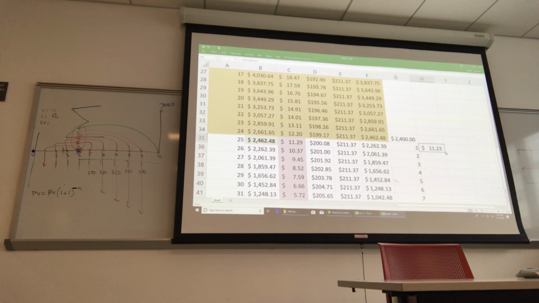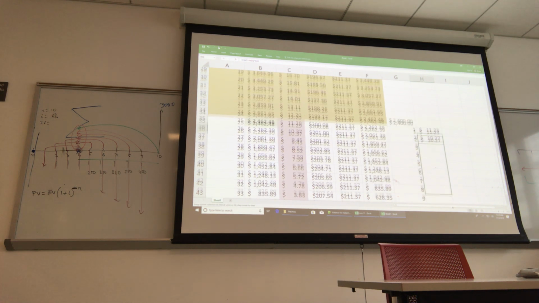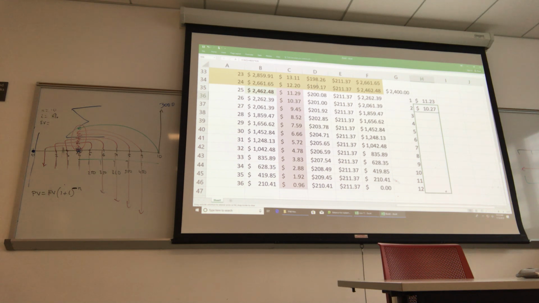I want to take this information and see how much is $10 right now. This is what $10.37 is in a year. I take everything for that particular period. That's the present value of these flows. What is a present value?